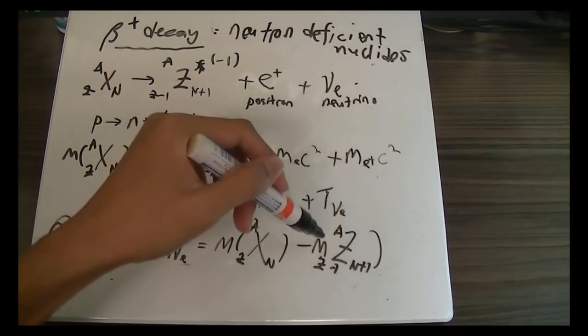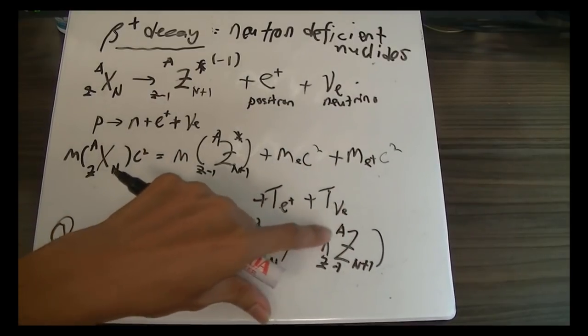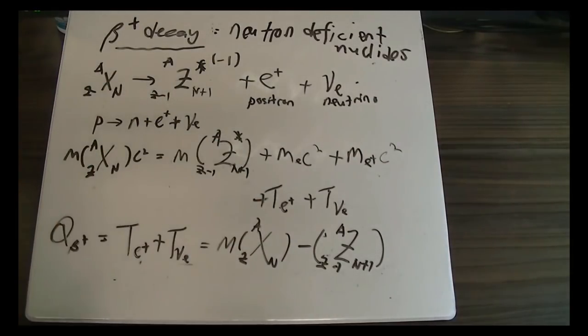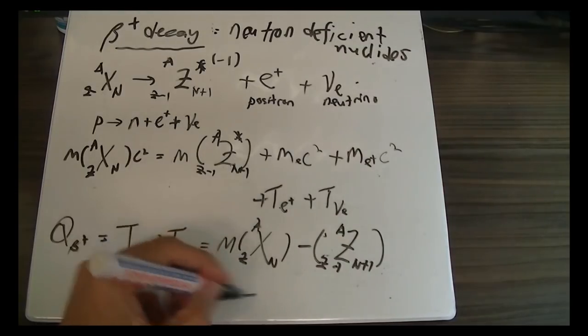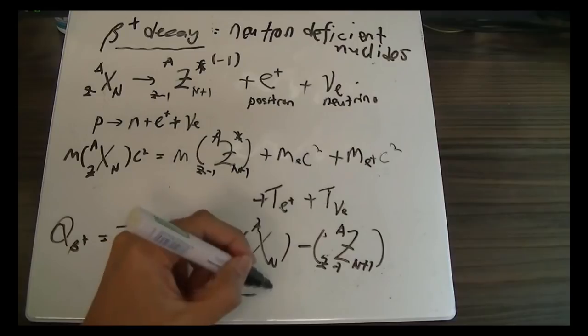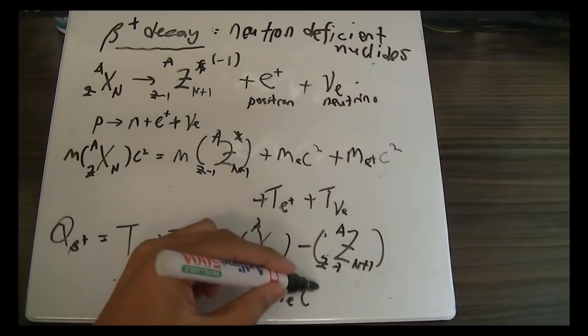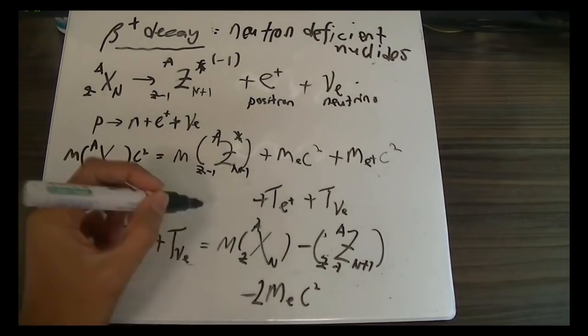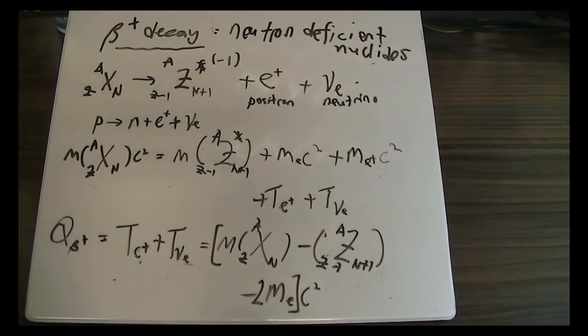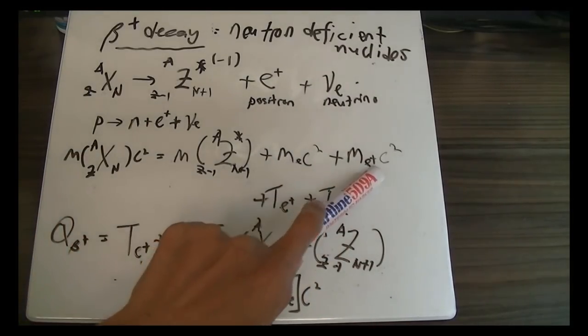I'm sorry, it is so messy. And don't forget the mass energy of these two electrons, 2 m_e c square, for the electron and positron.